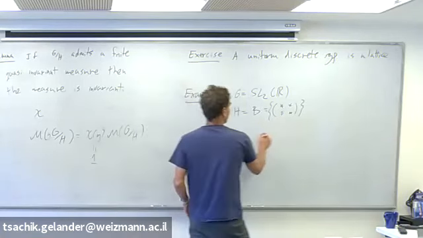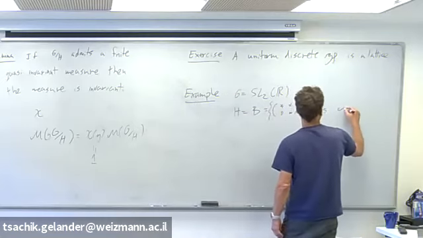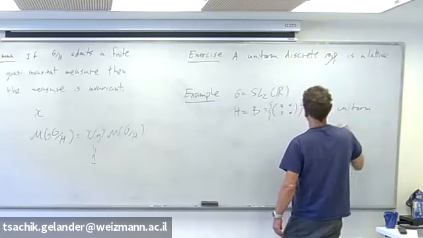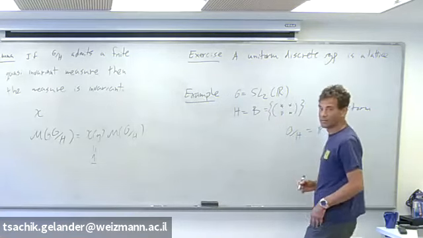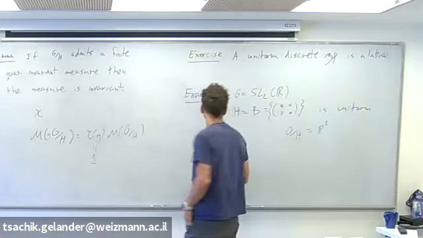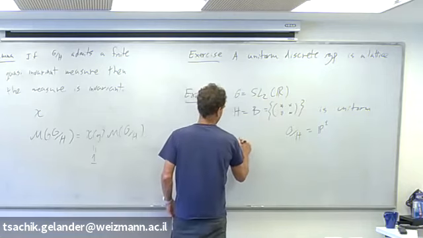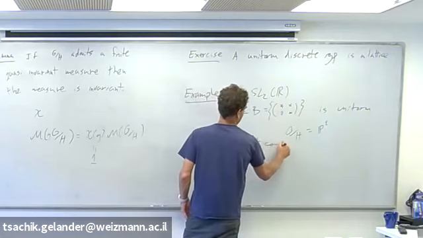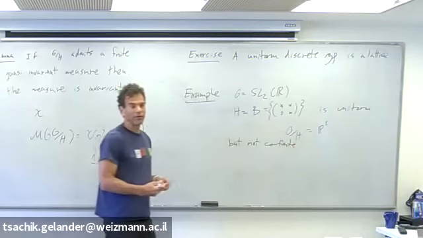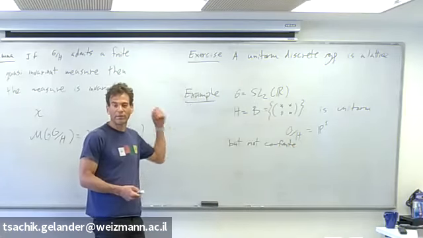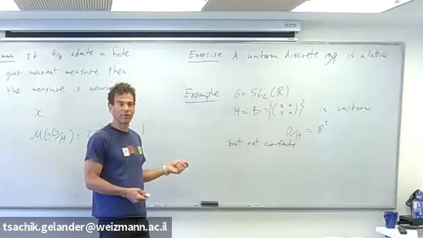And then H is uniform, and G mod H is what we call the projective line, but not cofinite. The projective line is a G-space that does not admit an invariant measure.